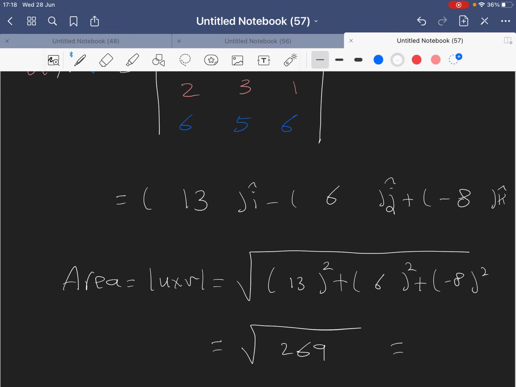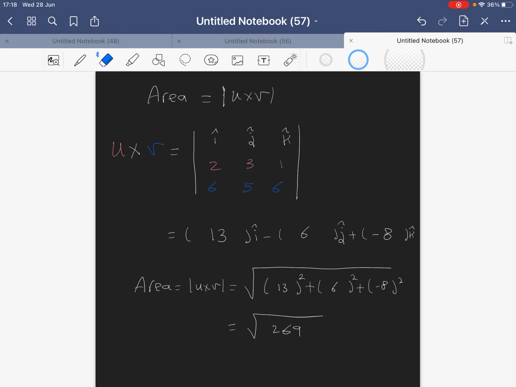And if we take the square root of 269, that would be the answer. So that's the area. So here is how we find the area of a parallelogram.